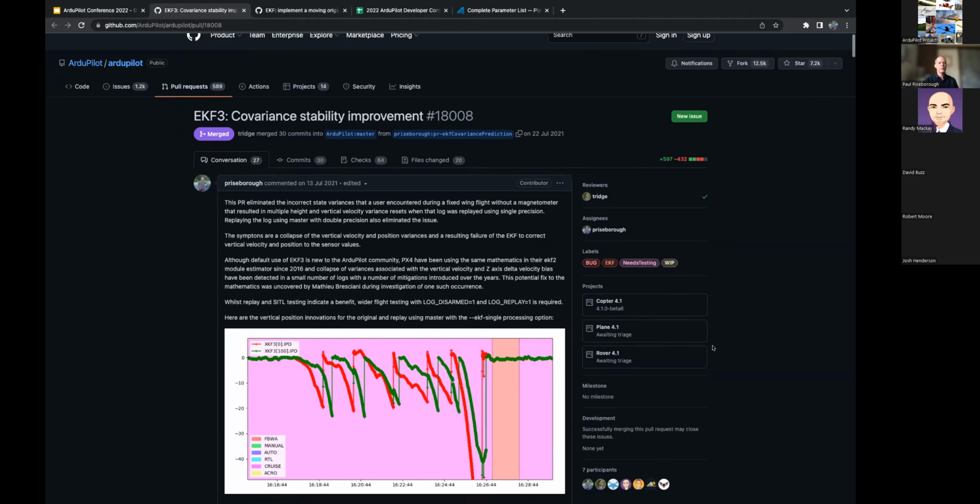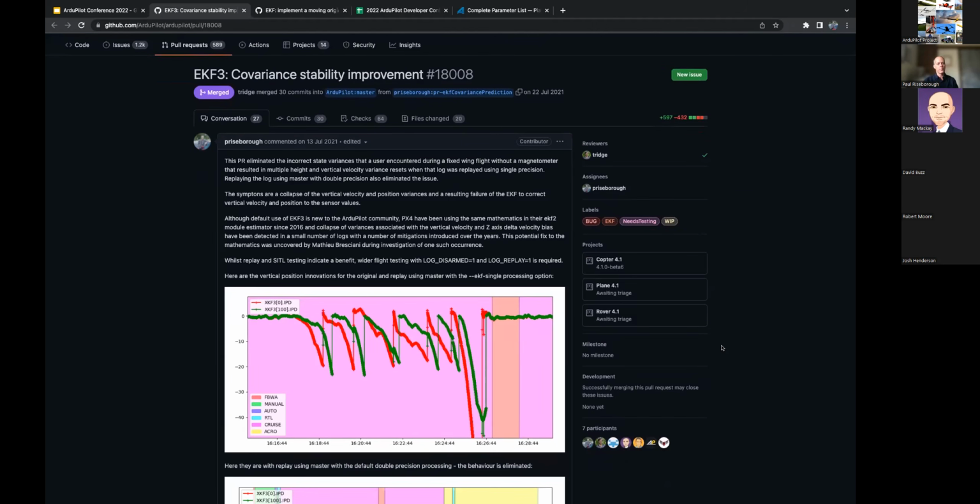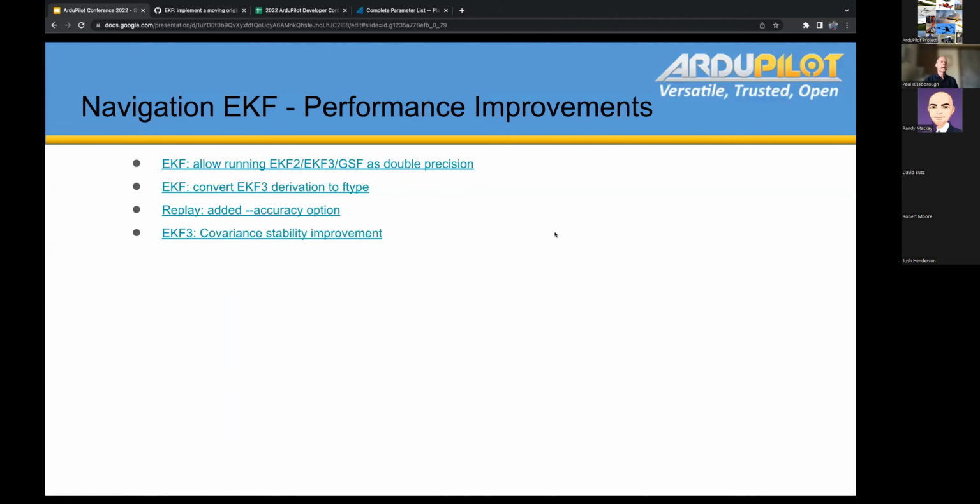So that's really made tuning of the filter a less hazardous task. Not that many users ever touch the tuning parameters, but there have been some companies with high quality sensors that have gone down the path of tuning the EKF. Okay, that's the accuracy improvements.